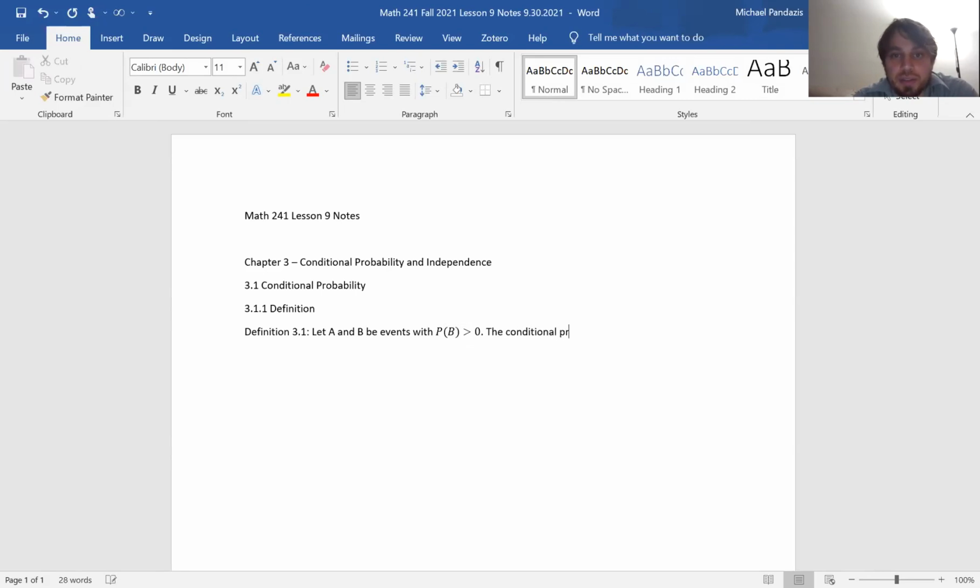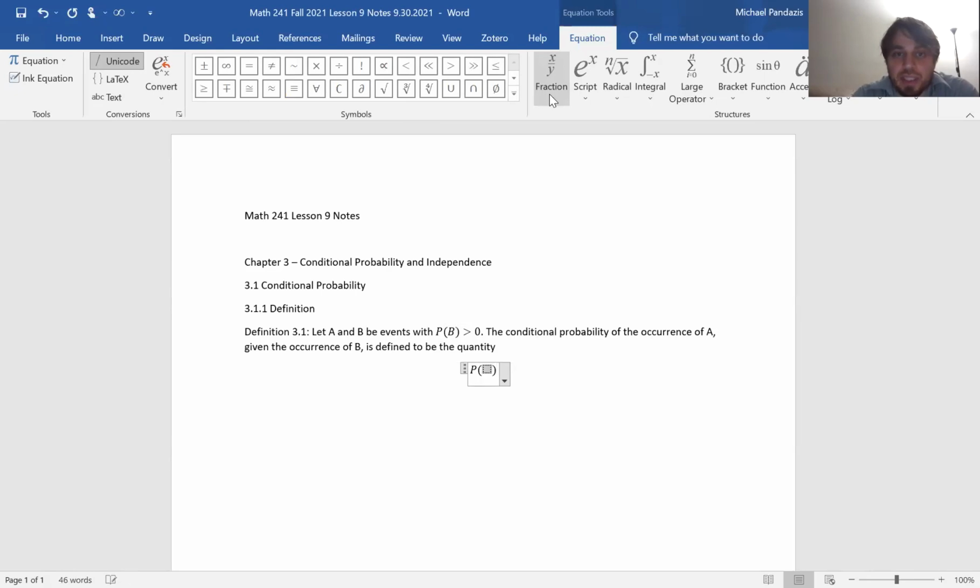The conditional probability of the occurrence of A given the occurrence of B is defined to be the quantity denoted by that symbol, and it's equal to the probability of AB divided by the probability of B.